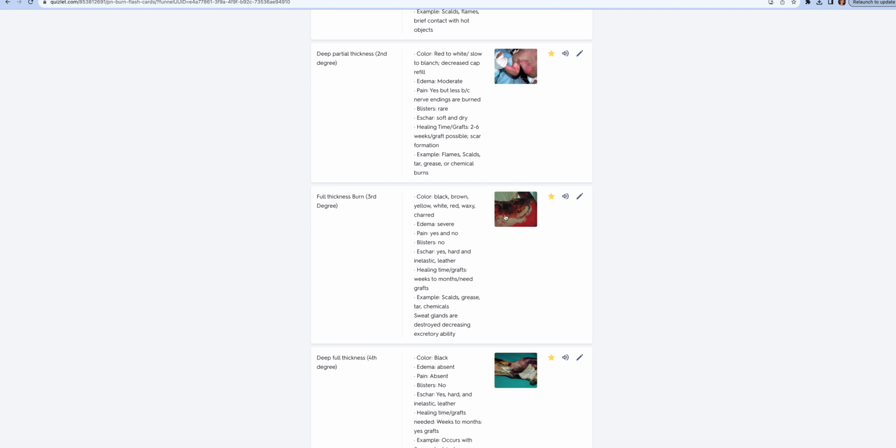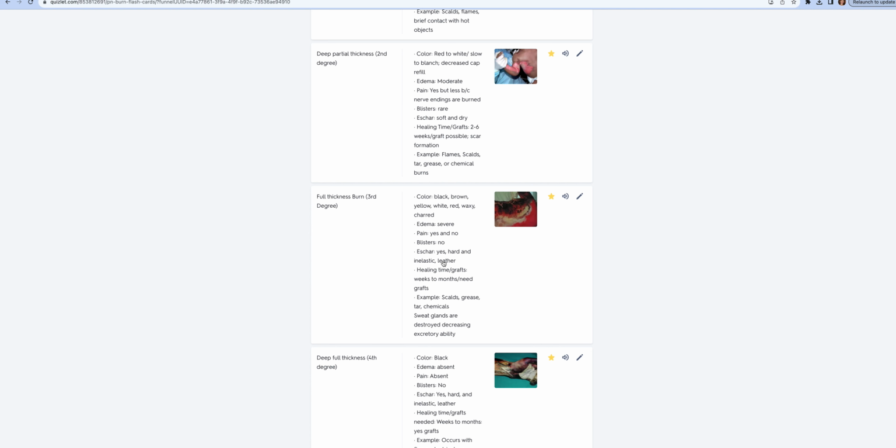They have hard, inelastic leather eschar. How I remember that is there are L's in full thickness, and leather begins with the letter L. So leather eschar shows up in full thickness burns and deep full thickness. Long time to heal. They're going to need grafts because the dermal layer is burned off.